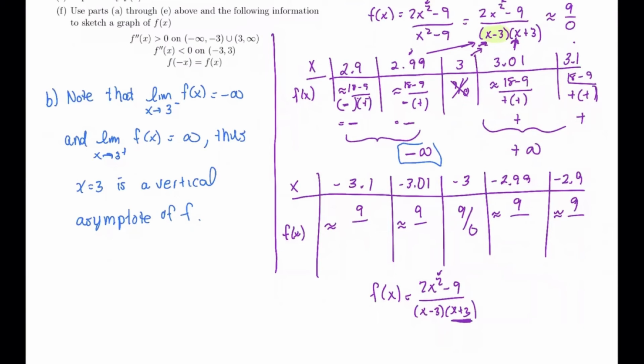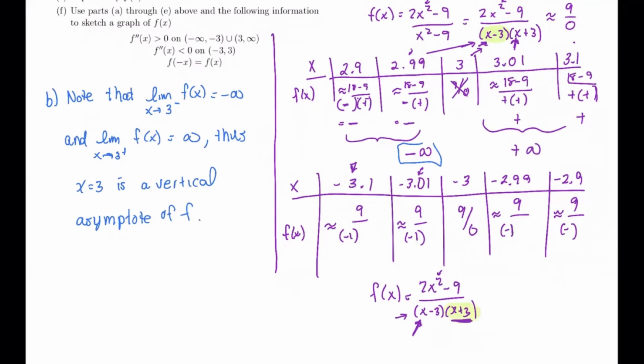So let's focus on the one on the left first. When I plug in -3.1 into this one, I get a negative. When I plug in -3.01 into the same one, I get a negative. And notice that these will be -2 and these will be -2. The one that matters is the one that's highlighted in green. Things will change.